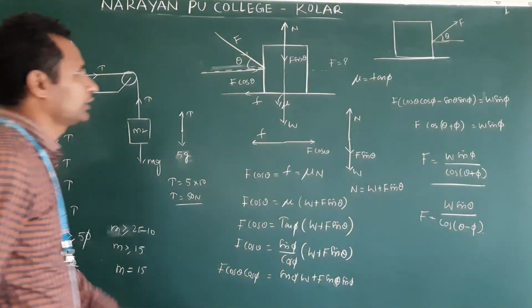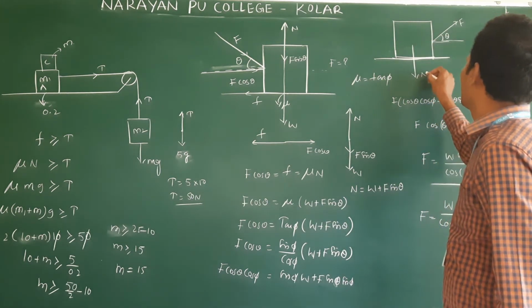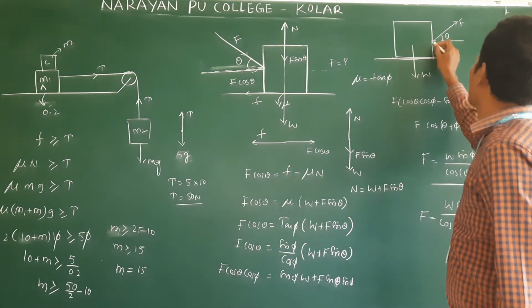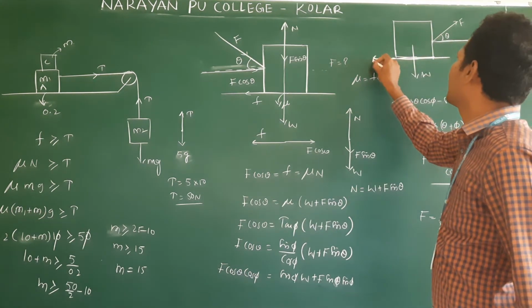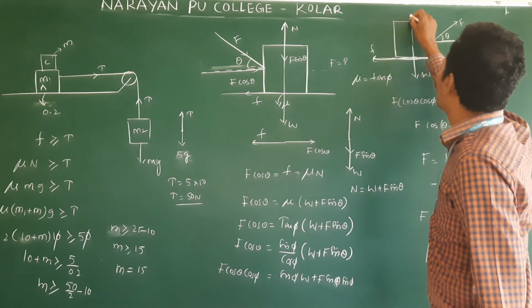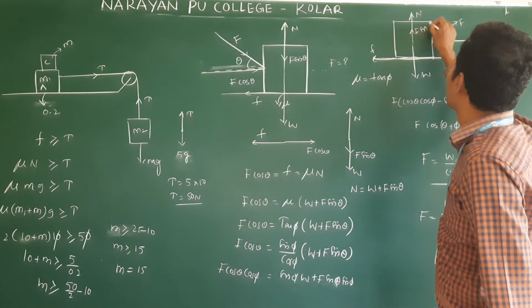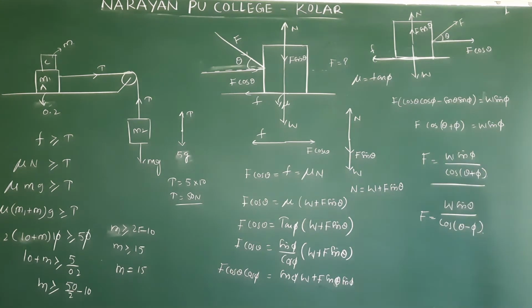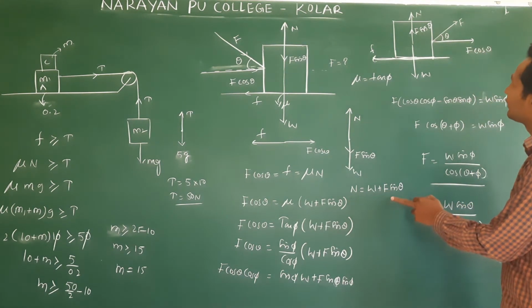Clear? Reason? Everything is the same. Weight is acting downwards. F cos theta acts in this direction. Then friction acts in the opposite direction. Normal reaction acts up. Then F sin theta acts upwards.